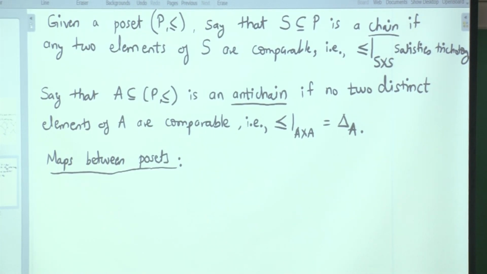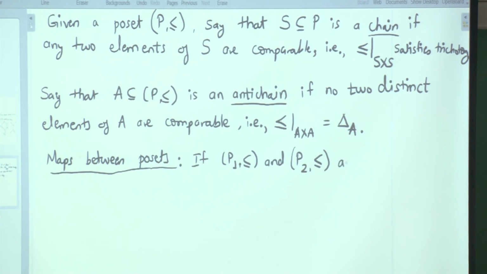So what will that be called? You already know the answer. Monotone maps, order preserving maps. Yeah, see, this is another practice. Even though these are two different relations on possibly different sets, we will use the same notation less equal. We won't use different notations all the time because it will be too cumbersome to write down.